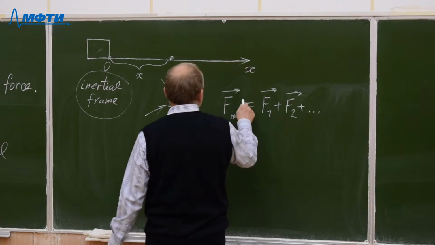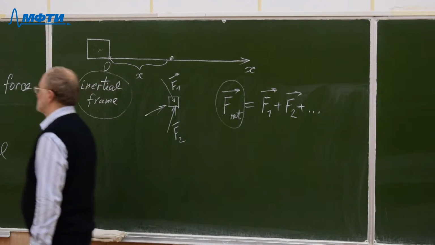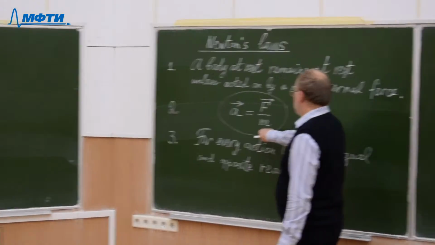And so we say the net force, meaning the vector sum of all forces. So here we have the net force and the mass of the body.